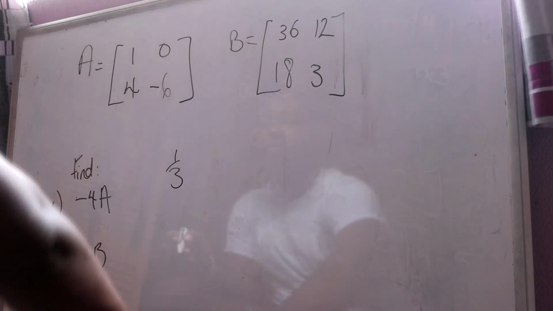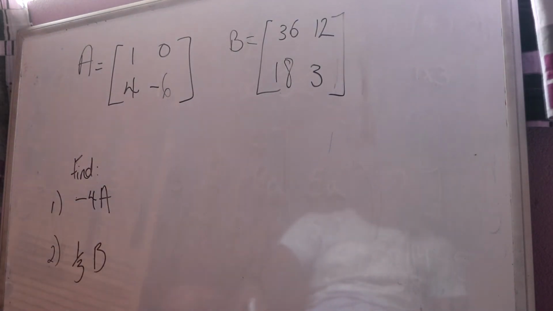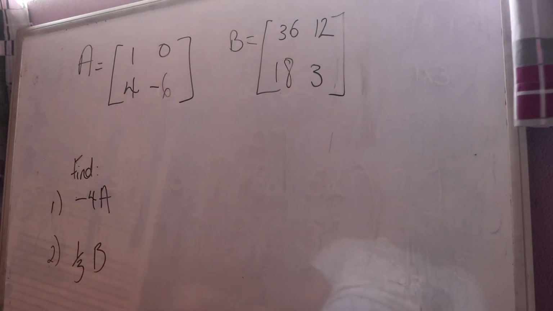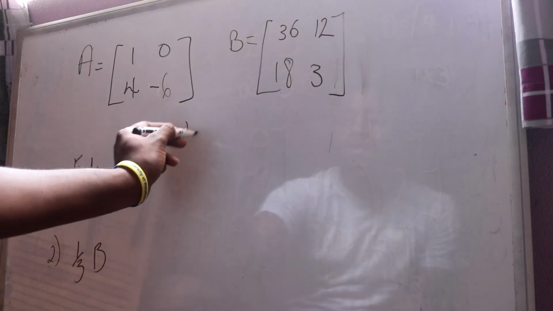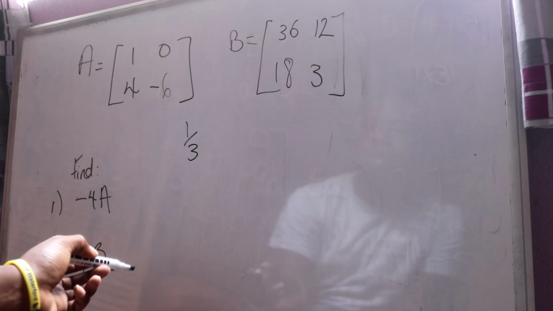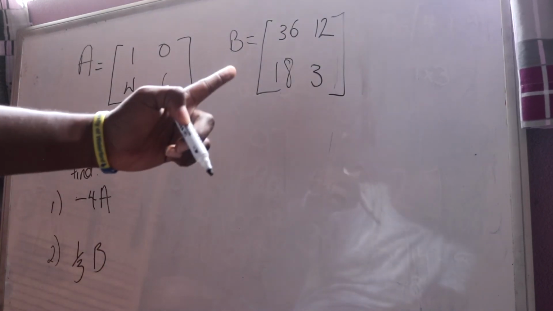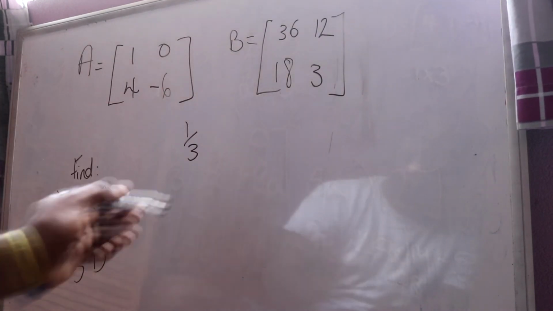Alright. For the second one, we have a third multiplied by B, which is a third multiplied by the matrix B, the matrix B being 36, 12, 18, and 3.